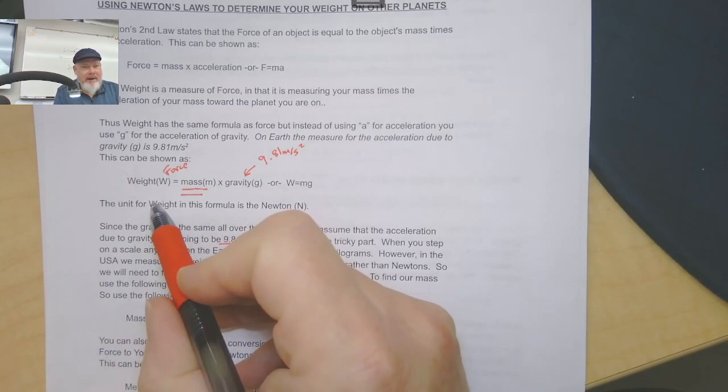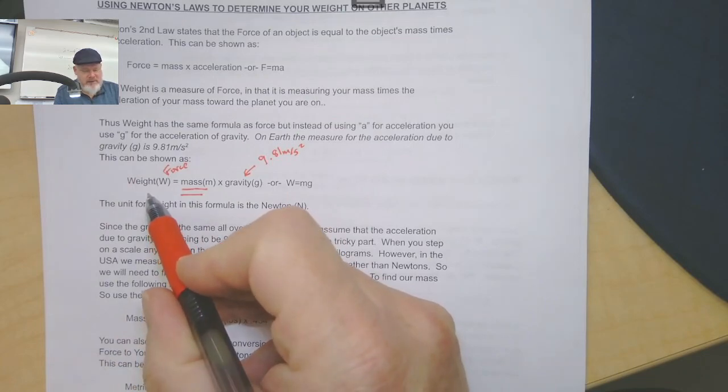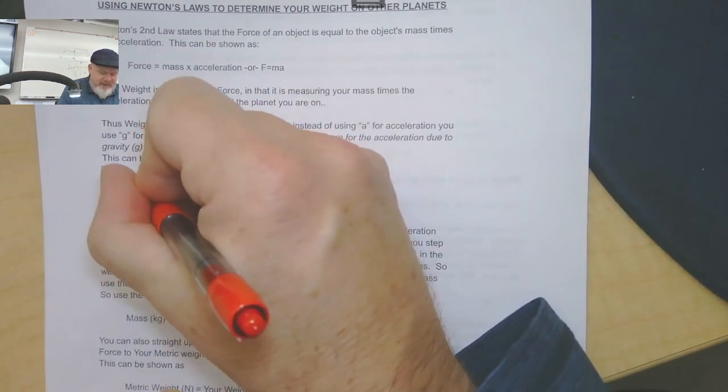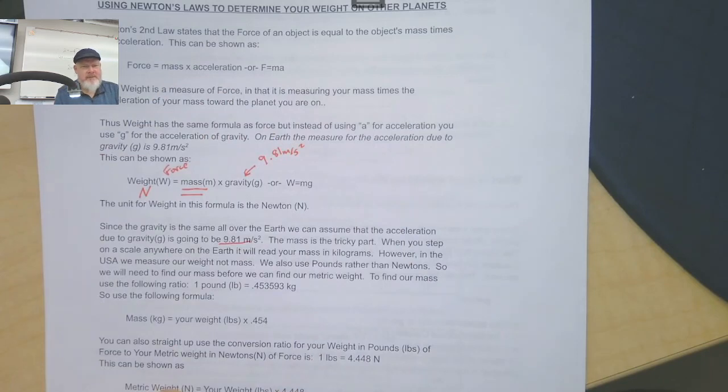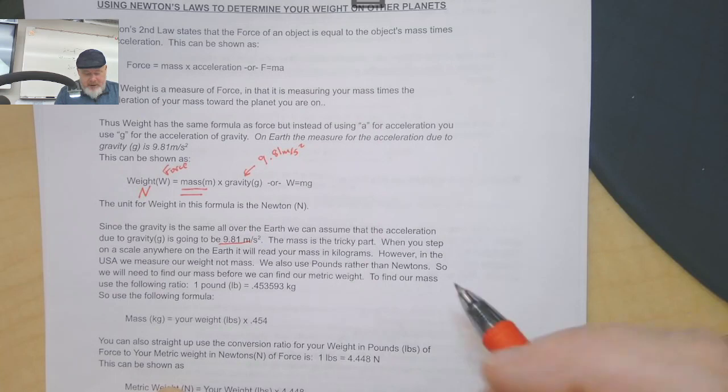We use our weight, but we use it in pounds, and this is in newtons. It's a little odd that in the United States we use different things. So we're going to have to take the American standards and convert them into the metric standards. So how are we going to do that?